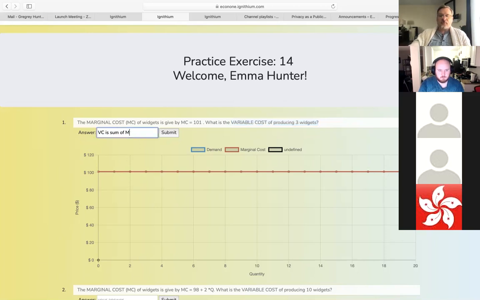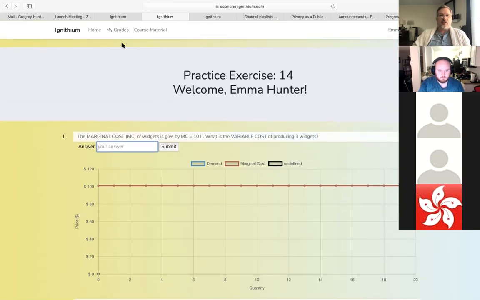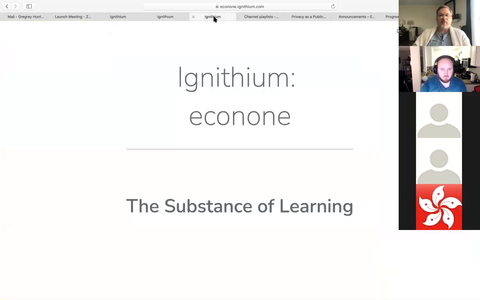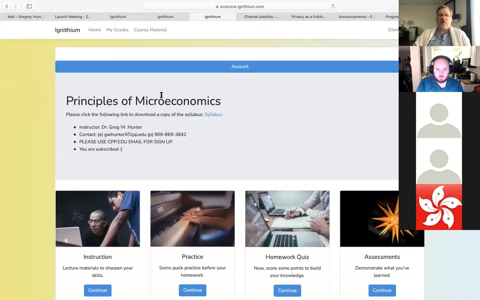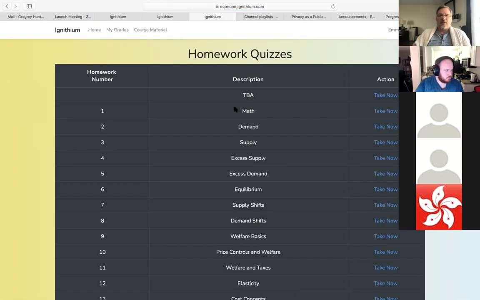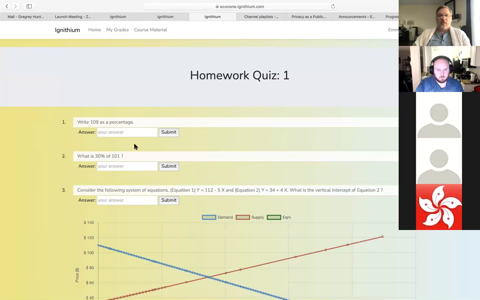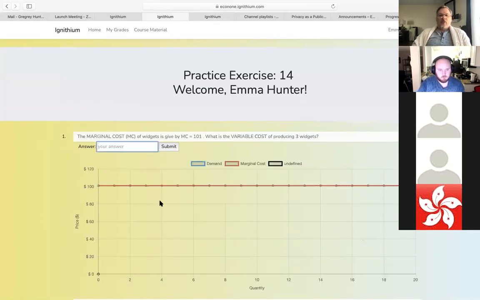In this case, the point I wanted to make is about what happens if I simply add up the costs. I suppose I'll get a calculator to show you guys. Here, this unit costs 101, the second one costs 101, and the third one costs 101.